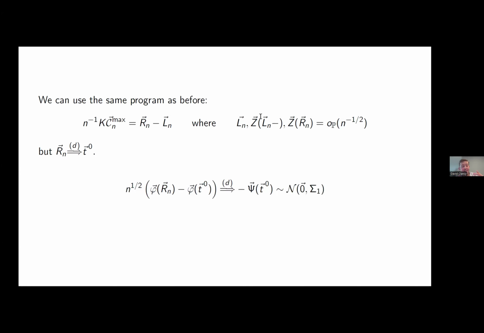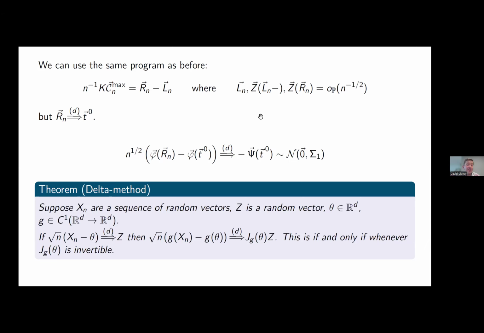This gives us a central limit theorem for a function applied to the random variable we want to study. And then there's a generalization of the delta method to vector valued functions. If now we have vectors and some limiting vector valued parameter, the delta method applies, provided that the Jacobian, instead of the derivative, is invertible.